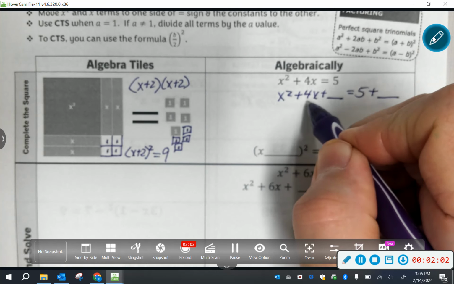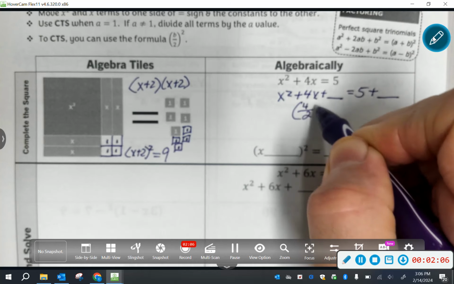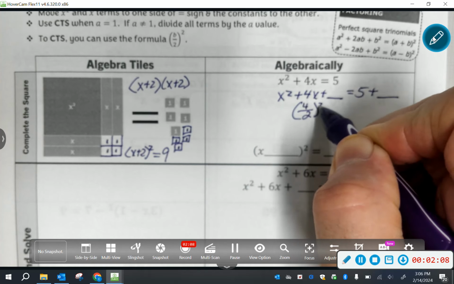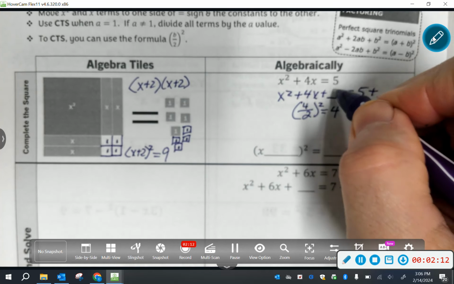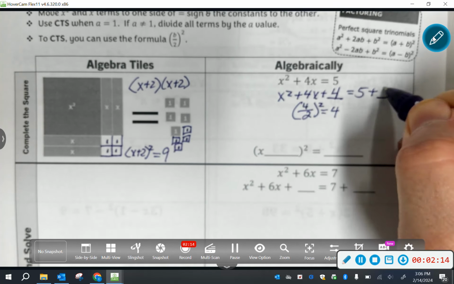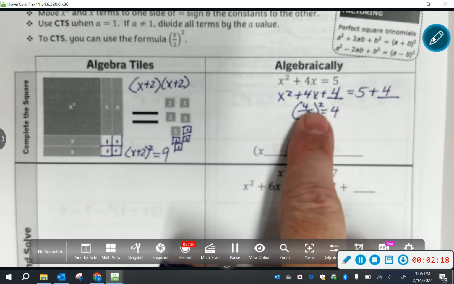Half of 4, 4 over 2, is 2, and then I square that, which gives me 4. So I'm going to put 4 here and 4 here, just like I did over here. This is completing the square.